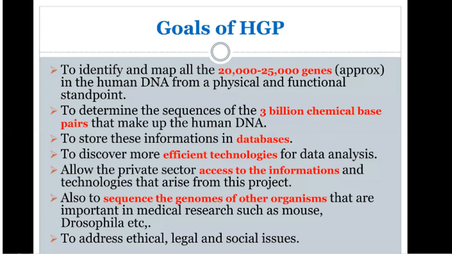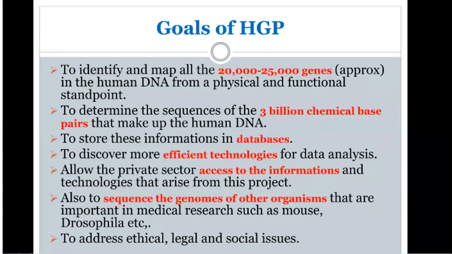There are 4 nitrogenous bases: adenine, guanine, thymine, and cytosine. Sequencing means determining the arrangement of these bases.